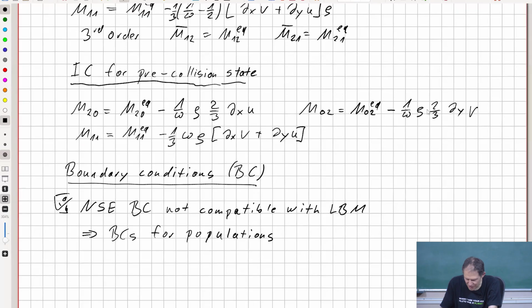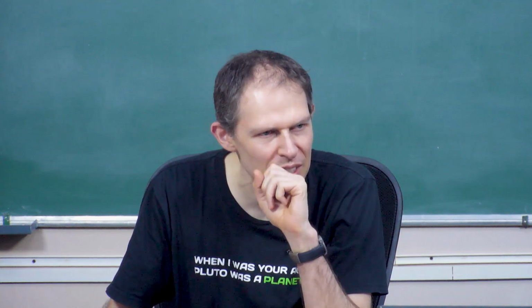Now, if you have nothing better to do in your life and you want to become a scientist and write papers on Lattice Boltzmann, you have to write papers to proceed as an academic, then you invent a new boundary condition and you write a paper on this. So there are two such things. Either you invent a forcing scheme or you invent a boundary condition.